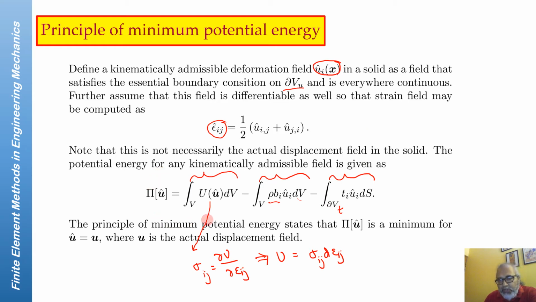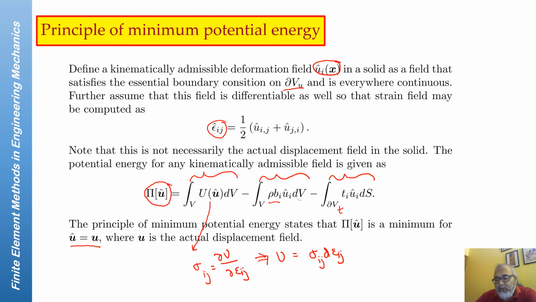So this gives you the potential energy, and the principle of minimum potential energy states that from this bag of infinite number of admissible deformation fields, the minimum value of this quantity, the potential energy, will be obtained when U hat is equal to the actual displacement field.